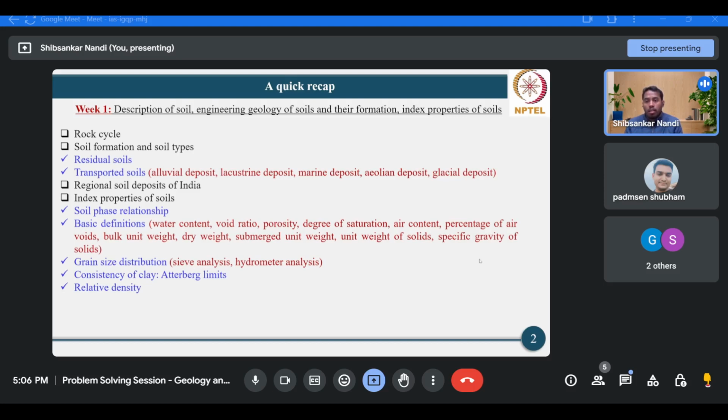And then grain size distribution by sieve analysis or hydrometer analysis, whatever the applicability of the method. And then consistency of clay, that is different Atterberg limits, and then relative density. So these are the key topics which we have learned from week 1.